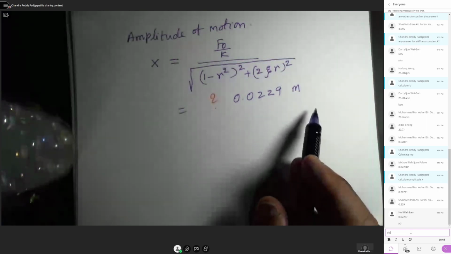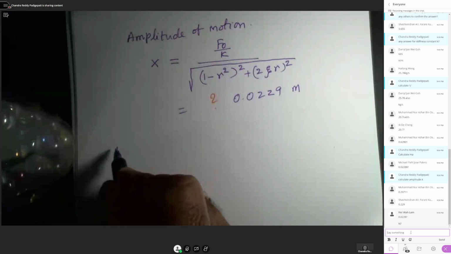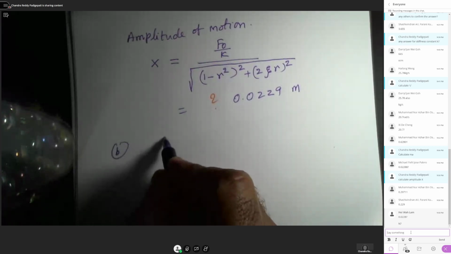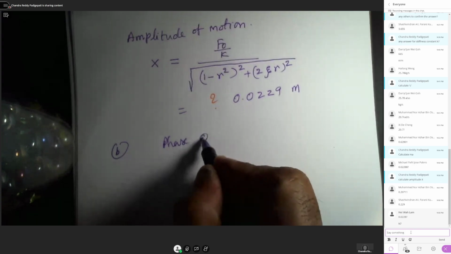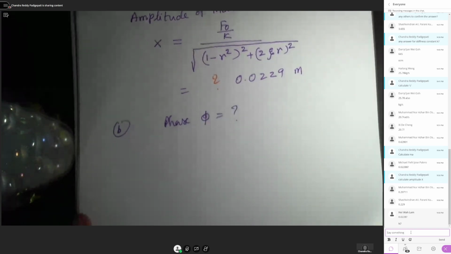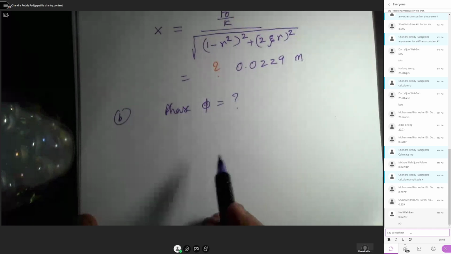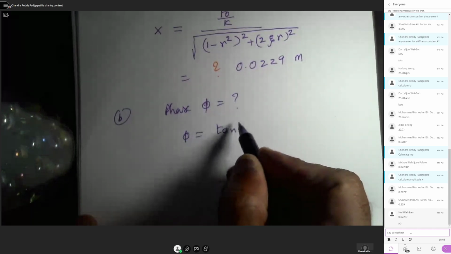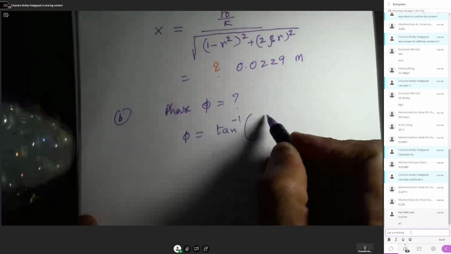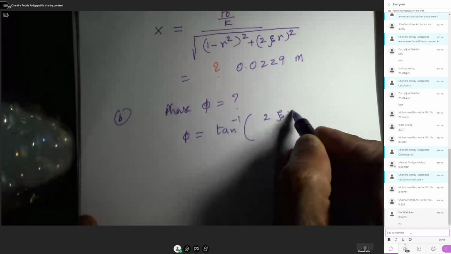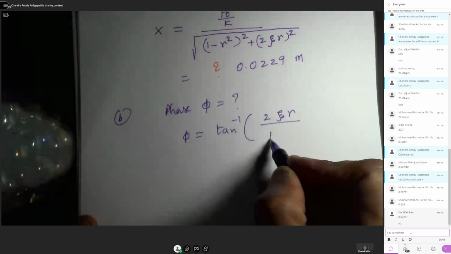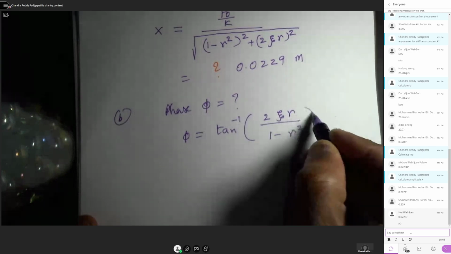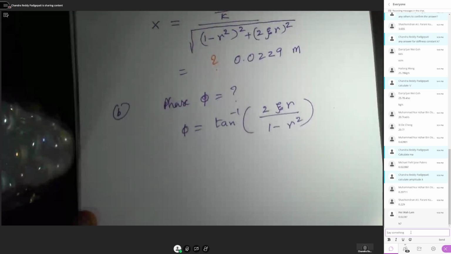All right. So next you need to calculate the phase angle, phase phi. So you can write the expression for phase phi. You can refer tan inverse of 2 eta r over 1 minus r square. So you can use this expression to calculate the phase.